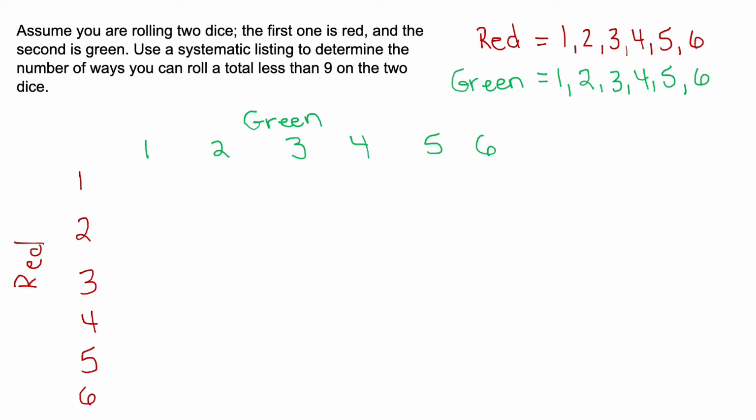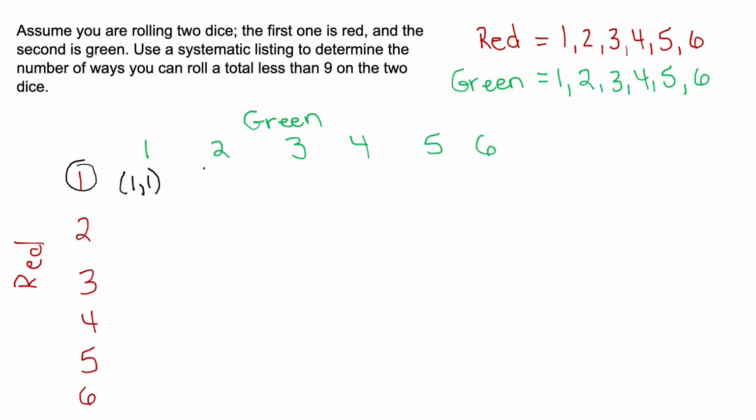So now I'm going to list the outcomes. So if I roll a 1 on the red die, I could also roll a 1 on the green die. So this outcome would be 1, 1, because I could get a 1 and a 1. If I roll a 1 on the red die, I could also roll a 2 on the green die.